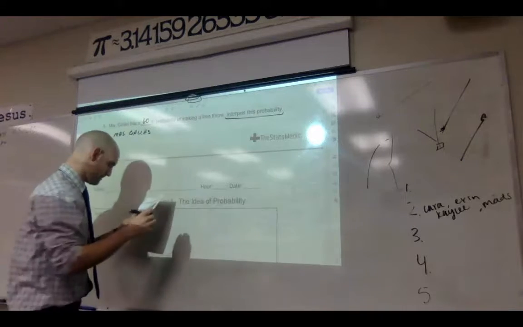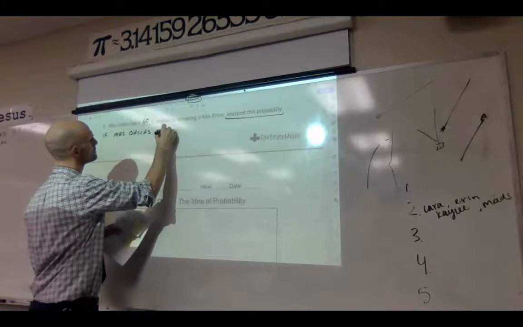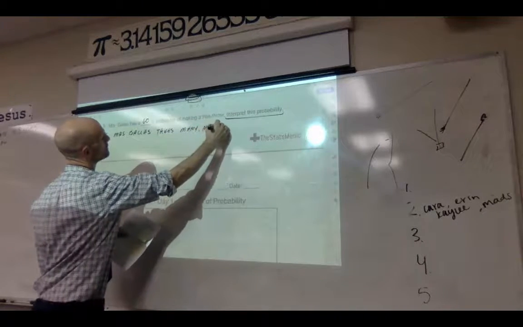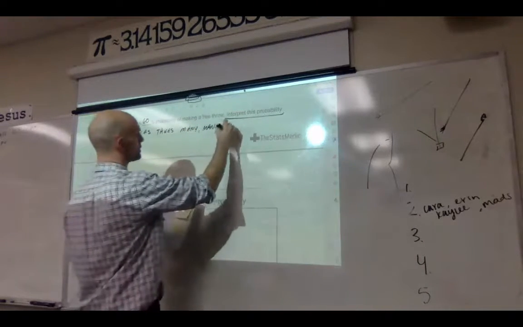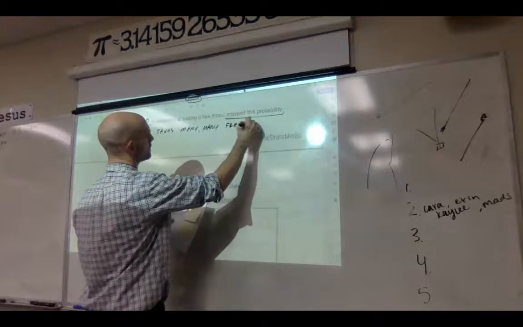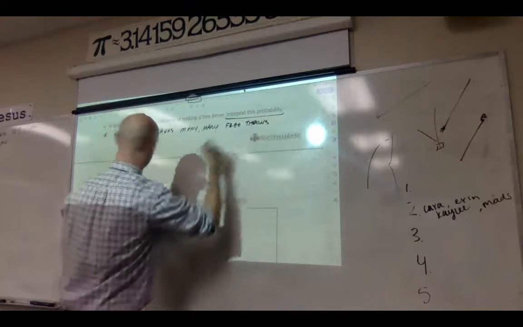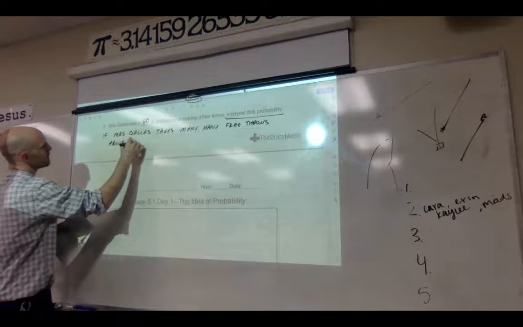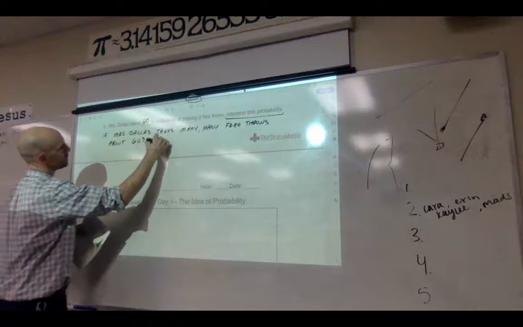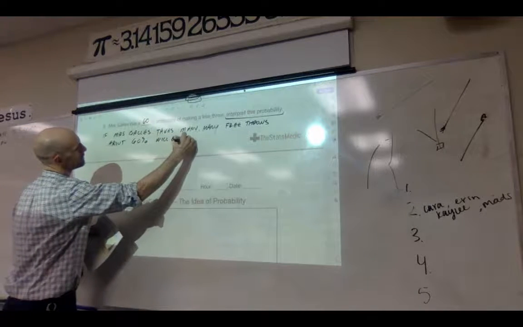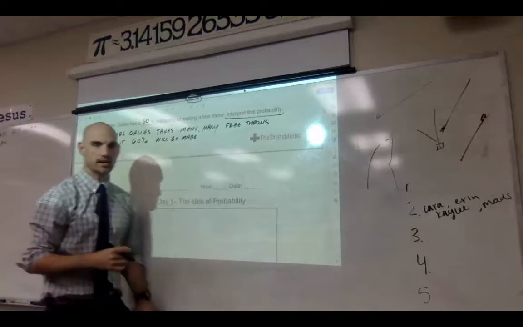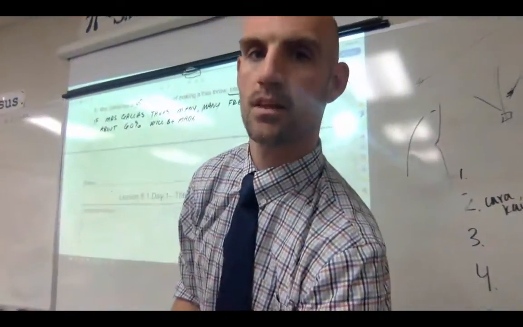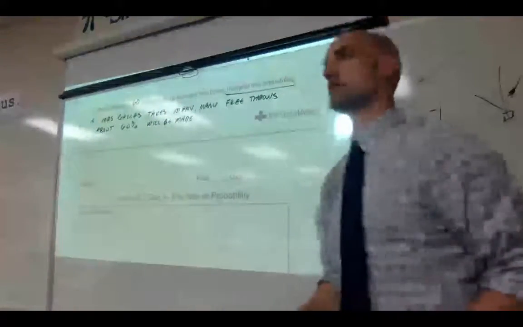If Mrs. Gallus takes many free throws, about 60% will be made.